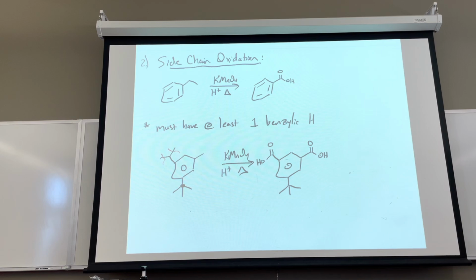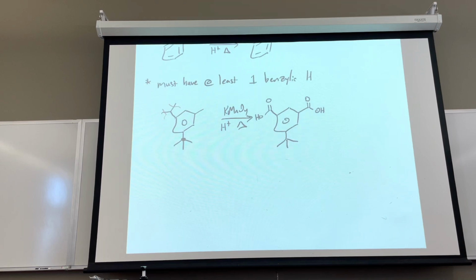Okay, so I think we have time for one last, at least part of one last one. Well, the second reaction I just gave you, the side chain oxidation, is a little bit limited. I don't know how much you'll actually use it in your synthesis. This next one is incredibly useful.